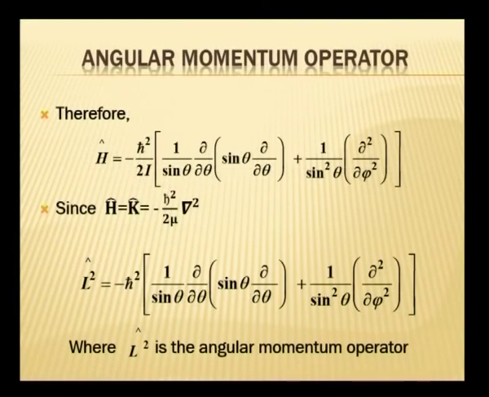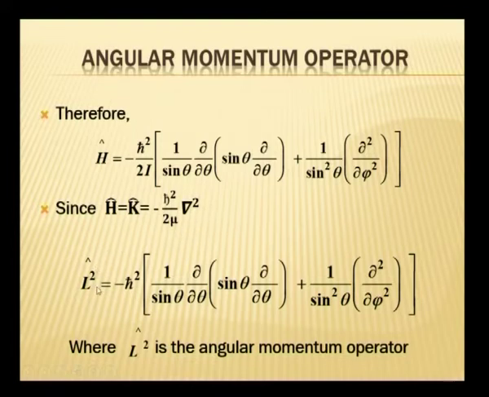And therefore, your Hamiltonian, which is independent of the potential energy term and also independent of the term involving r alone, because r is a constant, leads to this kind of expression that you have here. Since H is the kinetic energy operator, that will be minus h bar square by 2 mu into del square.